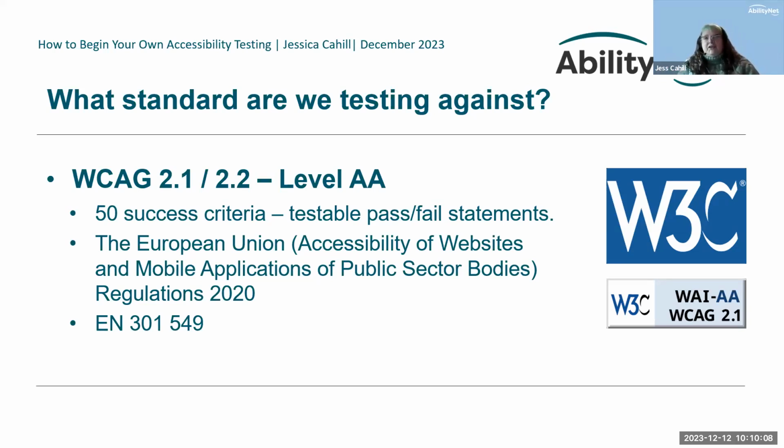And this is generally regarded as the level which it's practical for most organisations to meet. So it contains a mix of things which are beneficial to a fairly large number of people, and this is what we generally target. And then further than that is level AAA.